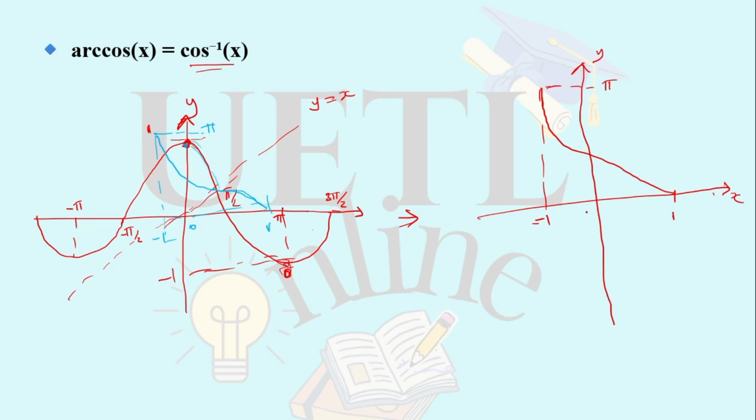Then in the middle you can see that it was crossing here at pi over 2, so it's going to become pi over 2. We have reflected our graph by the line y equals x, and we just flipped this. So this becomes the graph of y equals cos inverse of x. As easy as that. We just have to restrict the domain and reflect the graph.